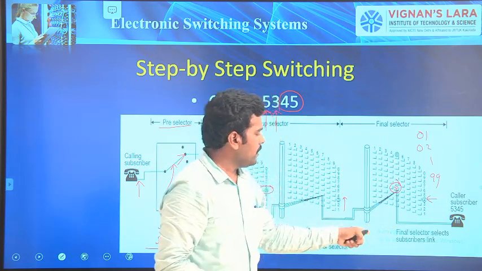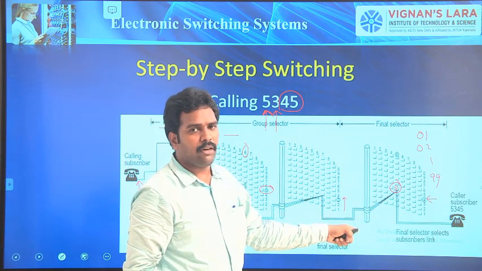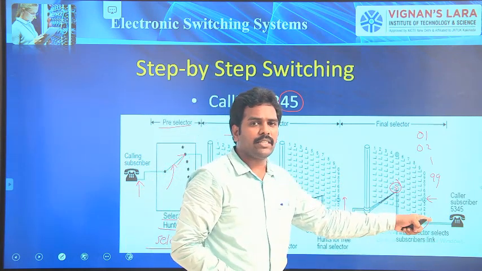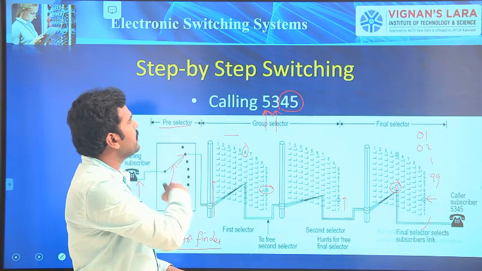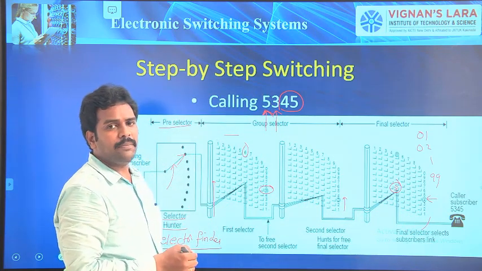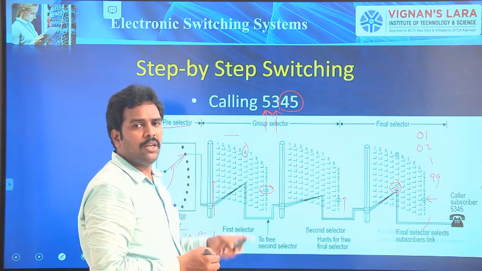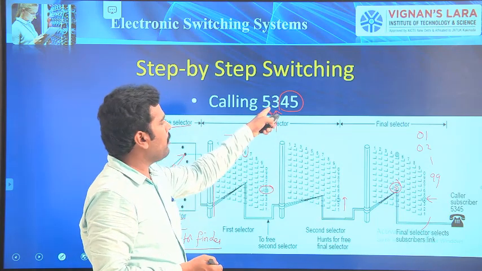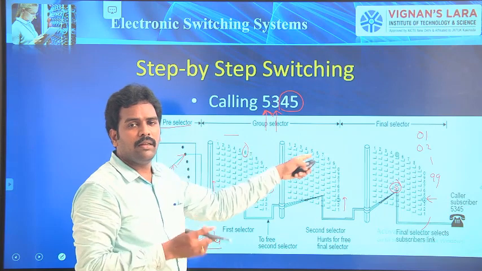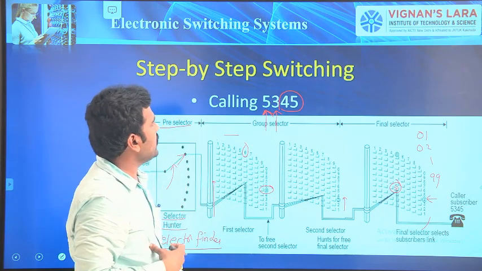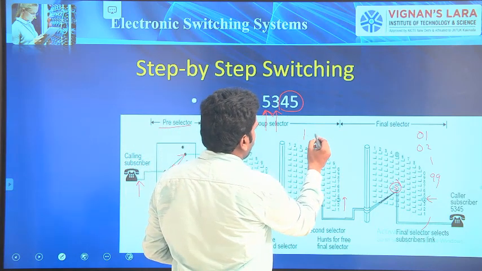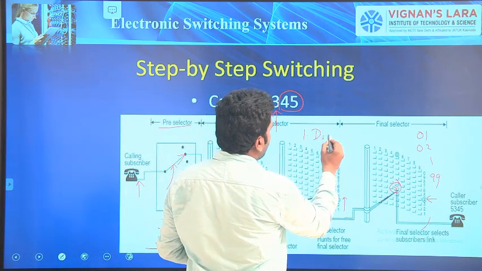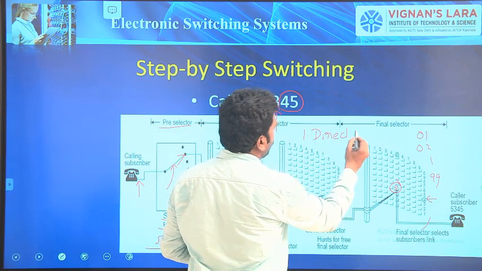So this is called the final selector switch because it is the final destination, the subscriber to whom we have to connect. So this is the mechanism used in the Strowger switching system for establishing a connection between the calling and called subscriber with the help of a numbering scheme. Okay, the Strowger system has some drawbacks. It uses direct control.